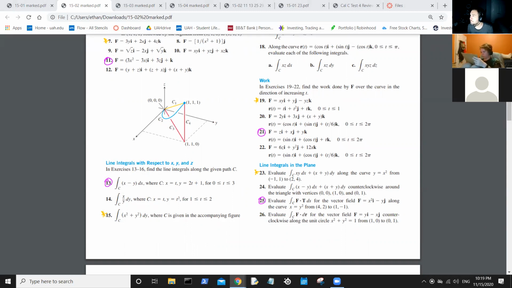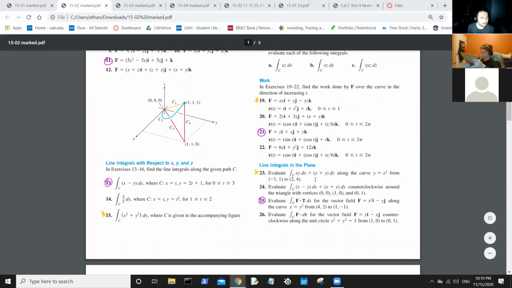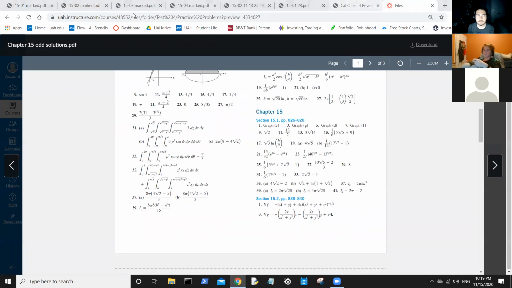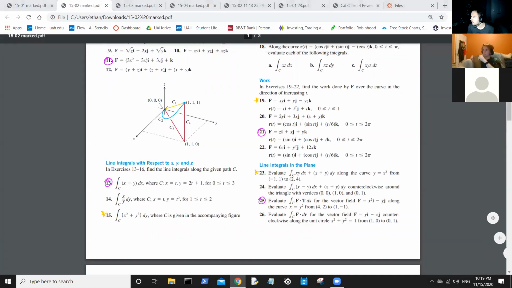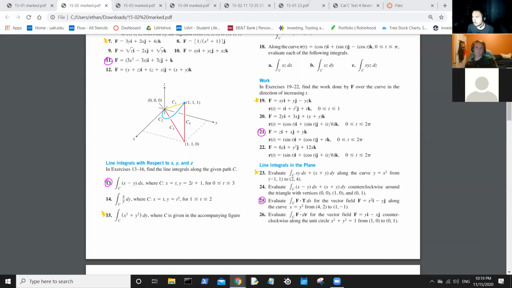Shall we? He just added new files. Did he? Yeah, I just got the notification he added new files. I'm going to check that out. Then we're going to realize that the topic we're spending an hour on isn't even on the test.